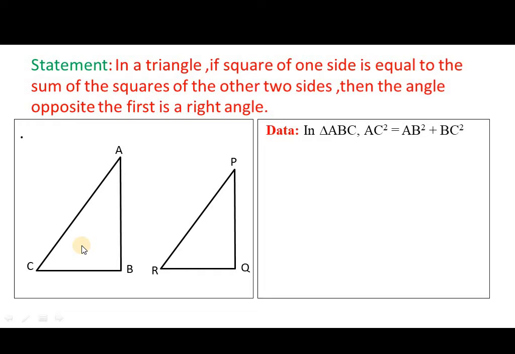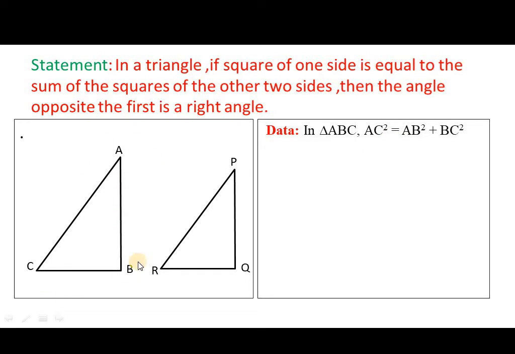Already it is given, because the square of one side of a triangle, AC square, is equal to the sum of the squares of the other two sides, AB square plus BC square. So in the triangle ABC, the square of the hypotenuse is equal to the sum of the squares of the other two sides.